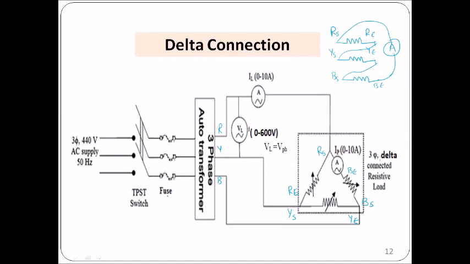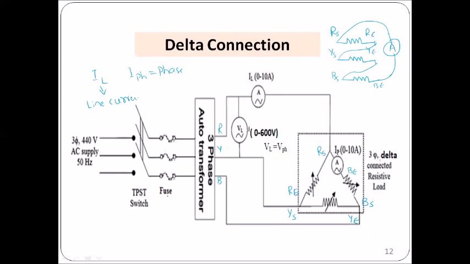delta connection load. For the delta connection load, we have to concentrate on the line current and phase current. Please remember that whenever we have IL or IPH, IPH stands for phase current and IL stands for line current.